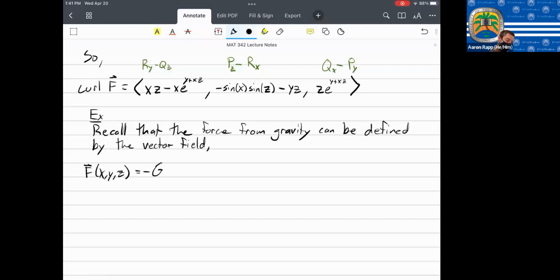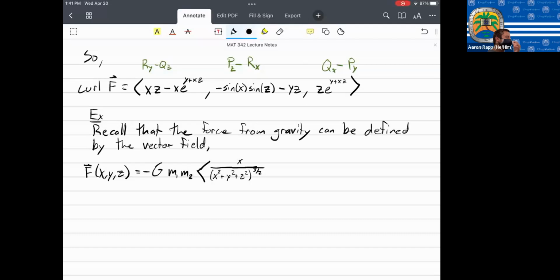You have a gravitational constant, multiply the two masses together. And then the pull in the x direction is determined by your position in the x direction, and then your distance from the center of the larger mass, which is going to be x squared plus y squared plus z squared to the 3/2.